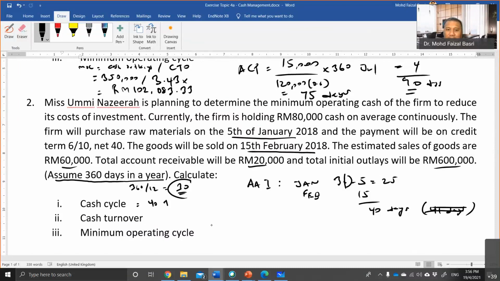And again, as I said, since the question doesn't specify which parts are credit, because they just mentioned the sales are 60,000, what we need to do is just take the ACP of receivable 20,000 divided by sales 60,000.